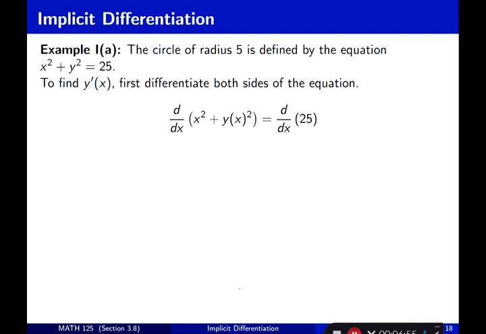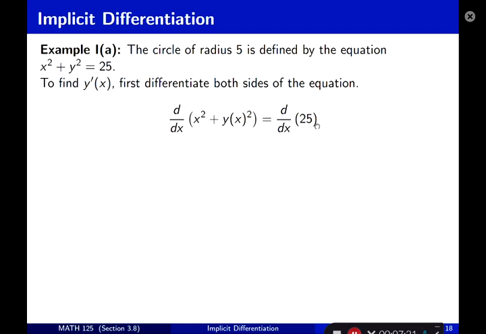So let's do example 1a. The circle of radius 5 is defined by the equation x squared plus y squared equals 25. To find y prime, first differentiate both sides of the equation. If you're differentiating both sides of the equation, you have to remember y is a function of x.